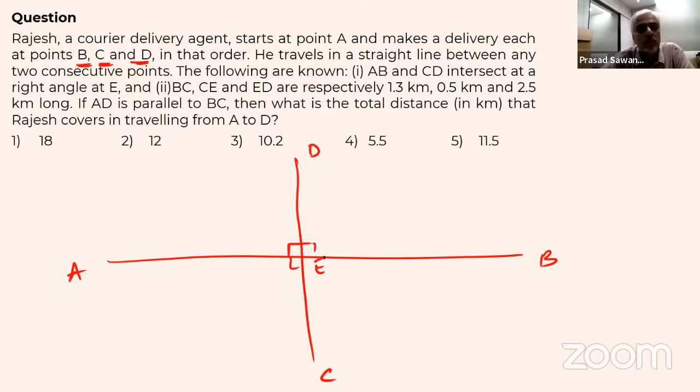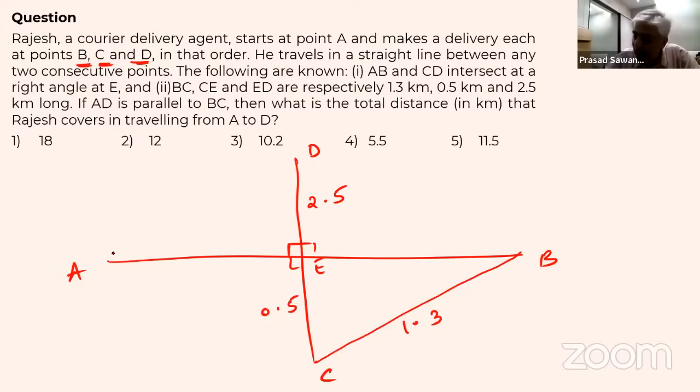What else is known? Some values are known. BC is 1.3. Great. Then CE is 0.5. And ED is 2.5.